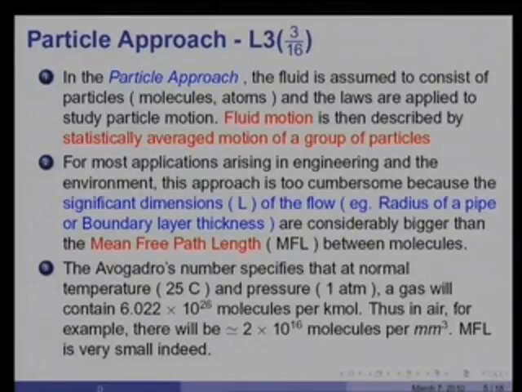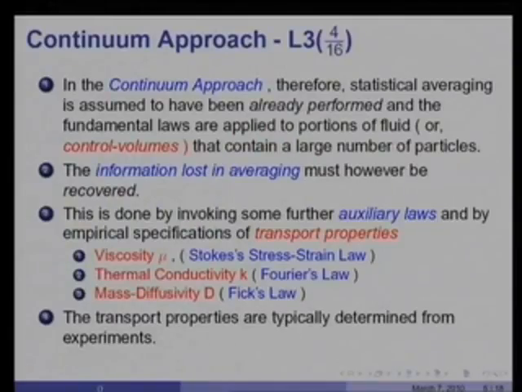You can very well imagine, therefore, that the mean free path length between molecules must be very, very small, and there will be simply far too many molecules to track, even in a simple case of a flow in a 1 centimeter diameter pipe. The continuum approach was devised essentially to overcome this difficulty.